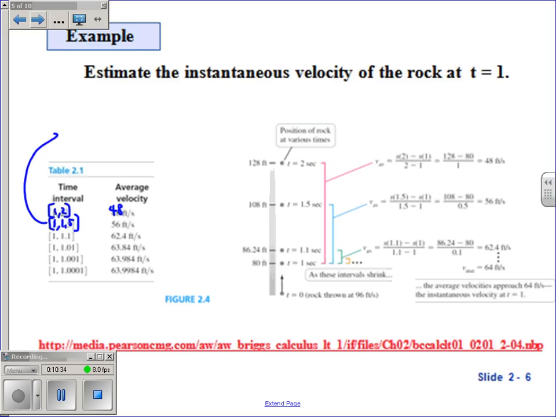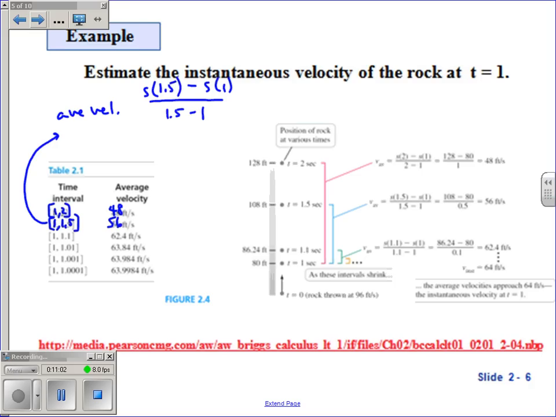To calculate this, the average velocity over this interval would be s of 1.5, the position at 1.5 seconds, minus the position at 1, over 1.5 minus 1. When you evaluate the function at 1.5 and at 1, subtract, and then divide by 1/2, you're going to end up with 56 feet per second.